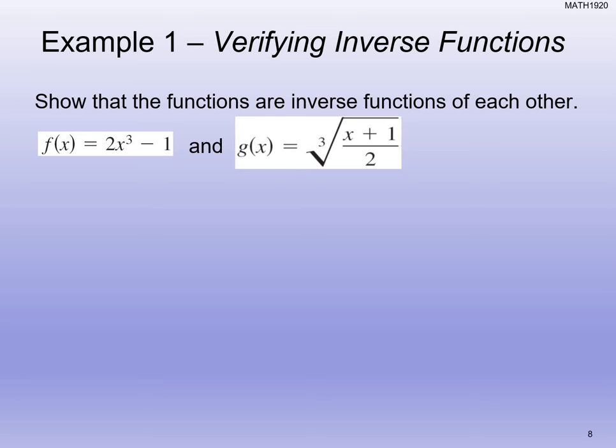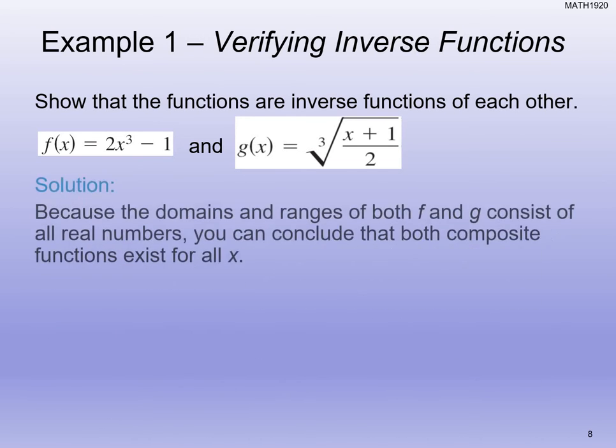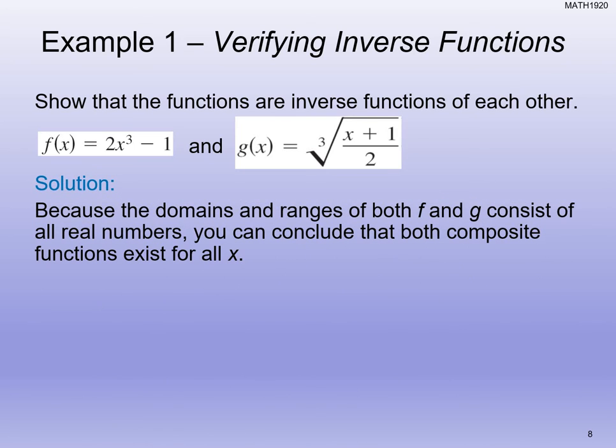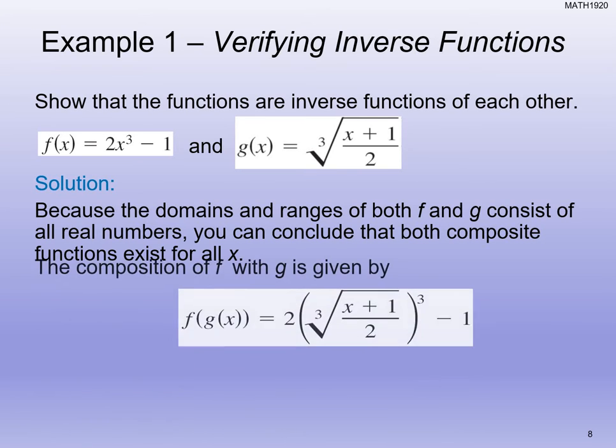If they both equal x, then they are inverses of one another. That's the simplicity part of it. Find f of g of x, see what it equals. Find g of f of x, see what it equals. If they both equal x when you simplify them all down, then they are inverses of one another.